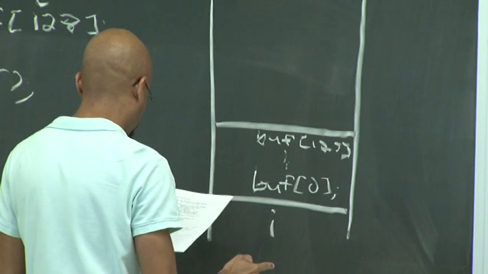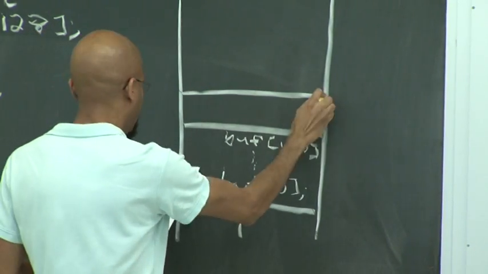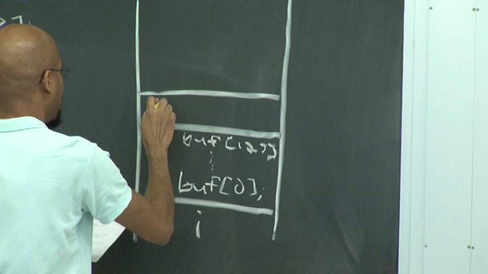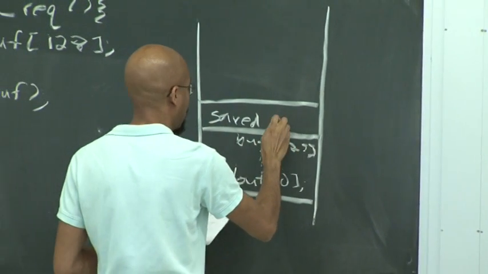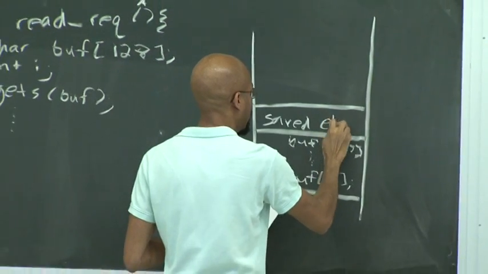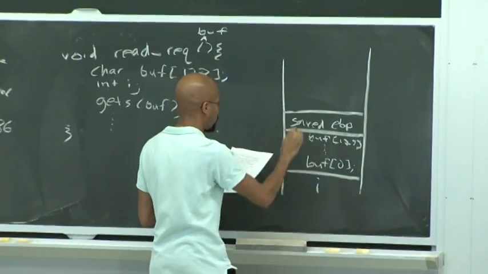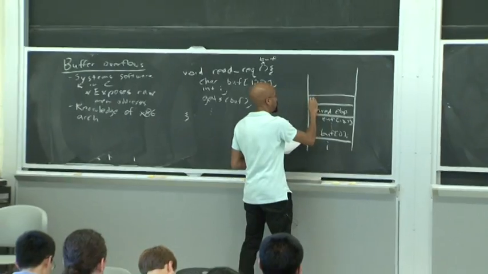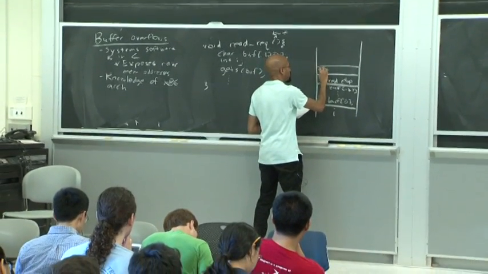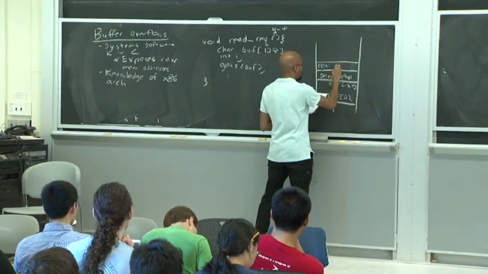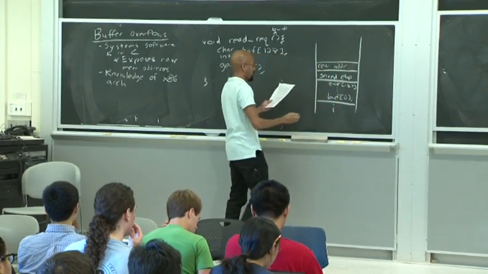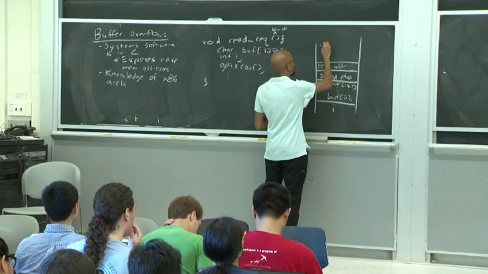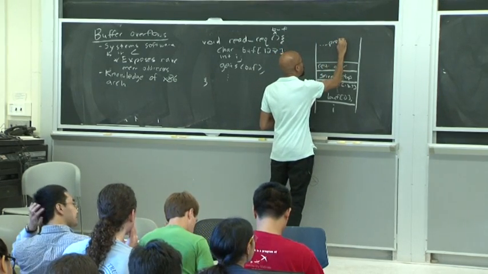You should pray for me. So anyways, up here, we've got the saved value of the base pointer. We've got the return address for the function there. And then we've got some other stuff from the previous frame.